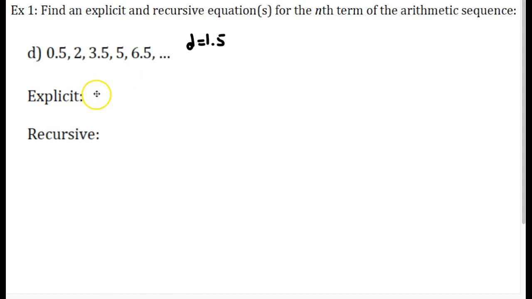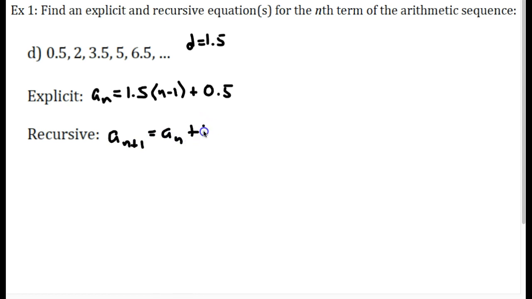So my formula, a sub n equals the common difference times n minus 1 plus my first term. Then the recursive formula, we can write it as a sub n plus 1 equals a sub n plus the common difference. So in this case, 1.5.